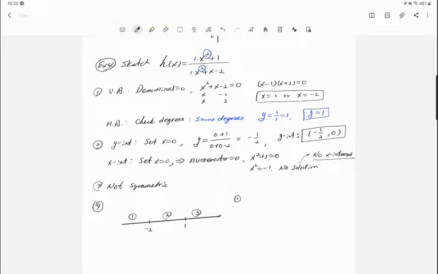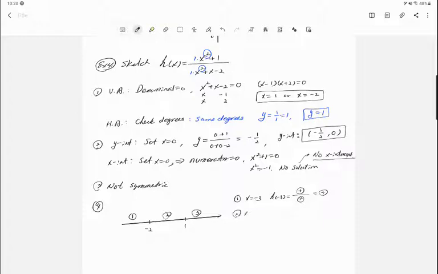For the first interval, let's use x equals negative 3. Then h of negative 3: negative 3 squared is positive over a positive denominator. Just plug in the number, and the result is positive.